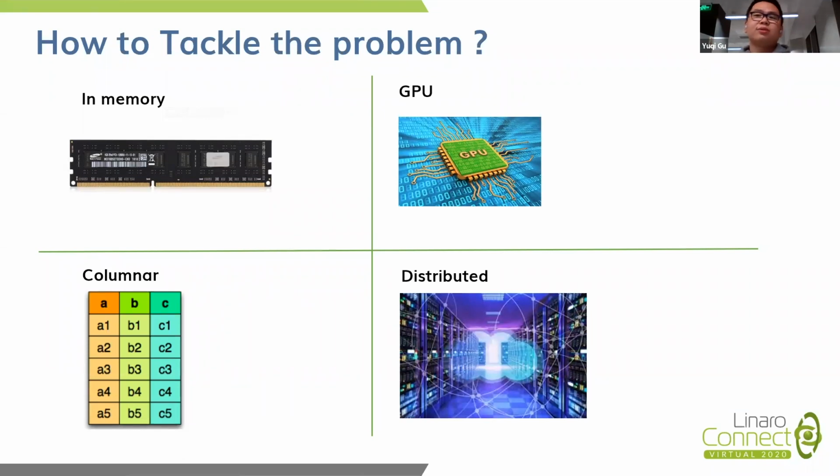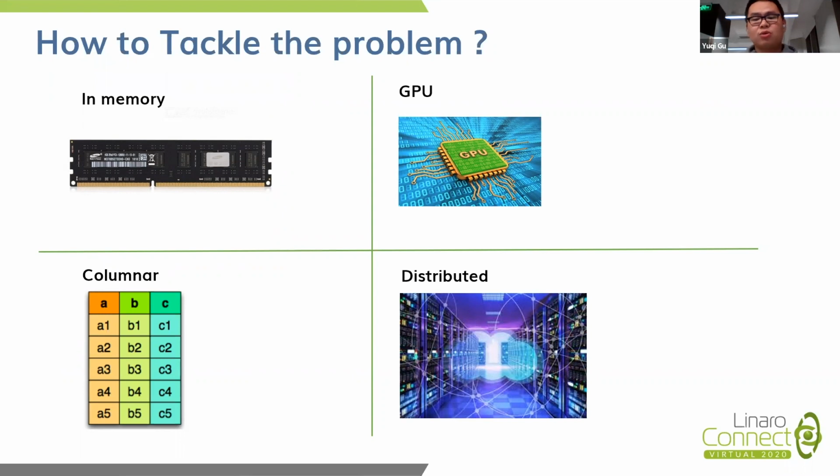The third one is we can convert data to a columnar data format. The benefits of the columnar data format are cache pipelining and SIMD, which means single instruction and multiple data.